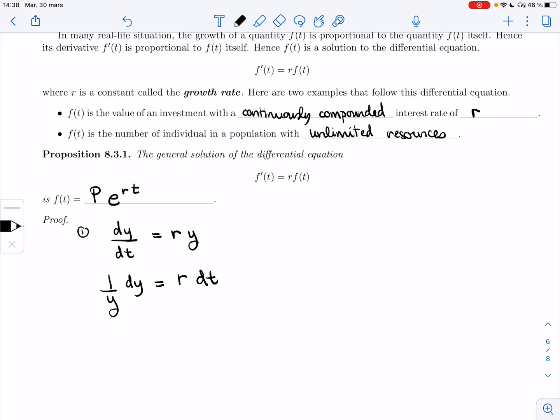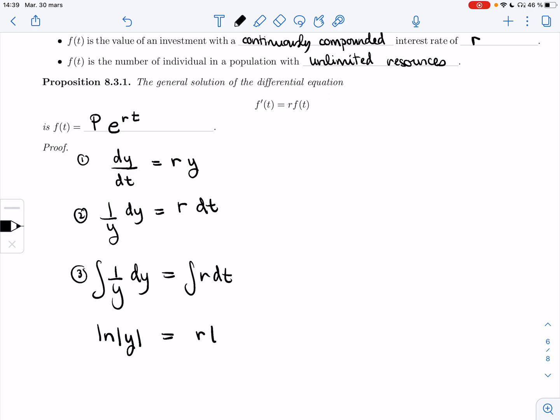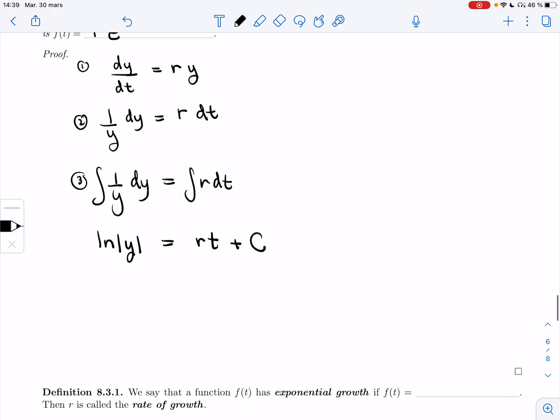It's simpler just to leave it where it is. Then we integrate both sides. The integral of 1 over y is log of the absolute value of y. The integral of a constant is that constant times t, and I need a plus c somewhere.